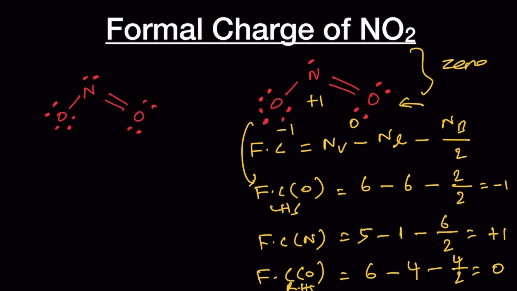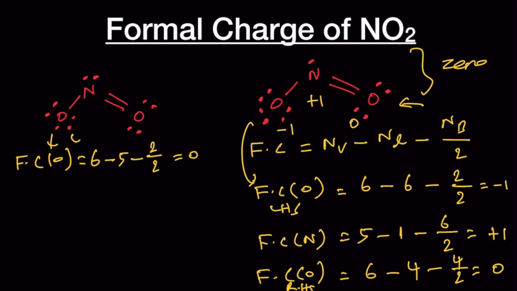Let us calculate the formal charges for each atom for the structure that is there on the left hand side. So, formal charge for the oxygen atom, this one that is there on the left hand side, is equal to, we have 6 valence electrons in oxygen minus we have 5 non-bonded electrons, therefore 5, minus we have only 1 bond between oxygen and nitrogen, therefore 2 by 2. So, 6 minus 5 is 1, minus 2 by 2 is 1, therefore this will be 0.